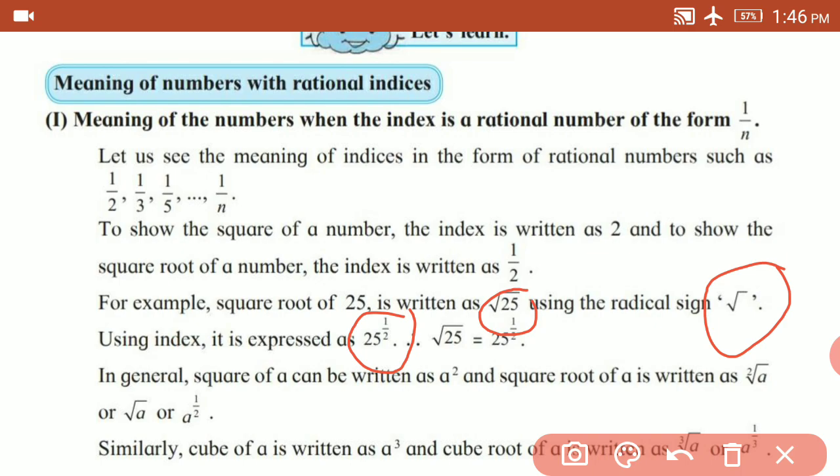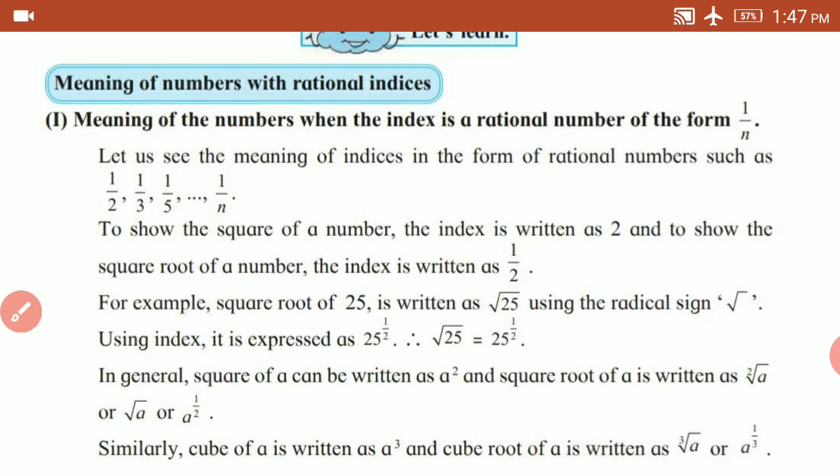In general, the square can be written as a raised to 2, and square root of a is written like this or this one. The meaning of these is the same. Similarly, cube of a is written as a raised to 3 and cube root of a is written as cube root of a or a raised to 1 upon 3.